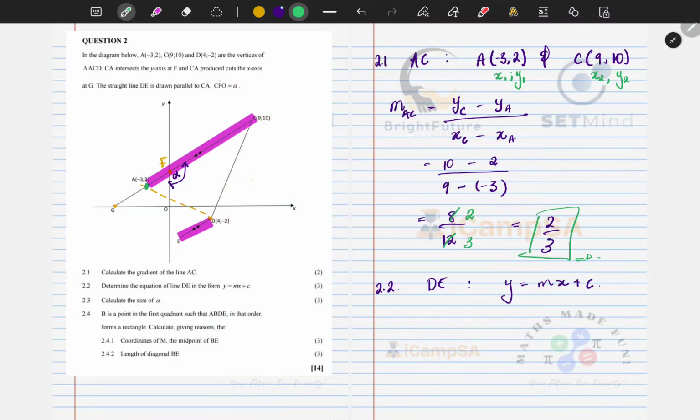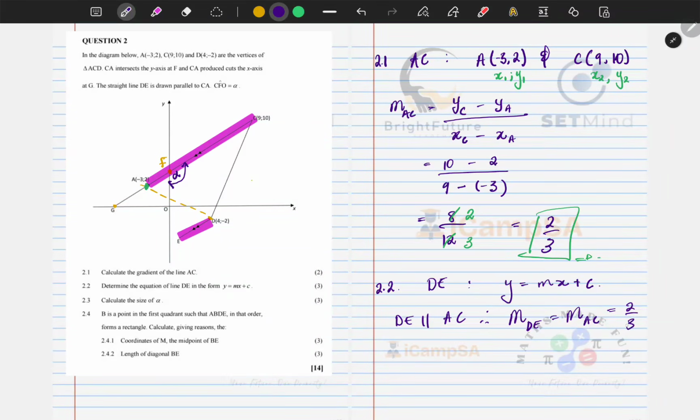But remember what we were told. We know that DE is parallel to AC. And what does that tell us about the gradient? It means that the gradient of DE will be equal to the gradient of AC. Since we have the gradient of AC, this will be equal to 2 over 3.